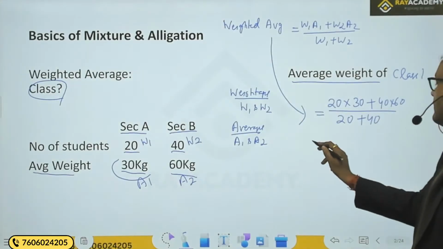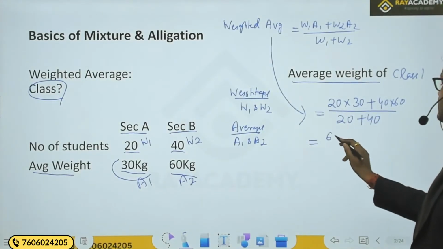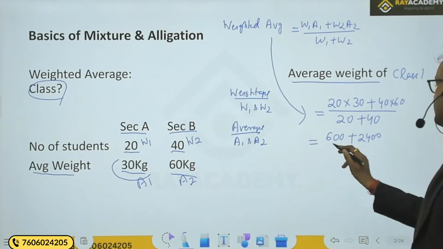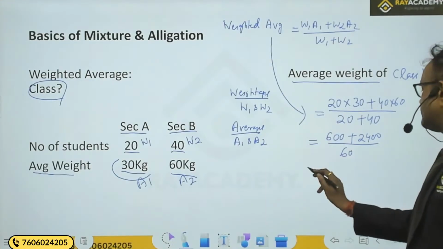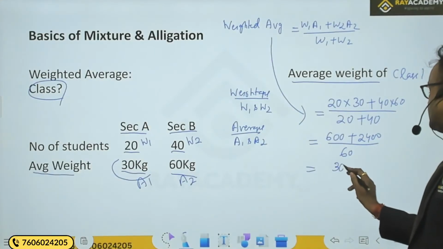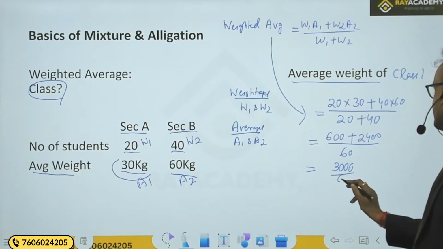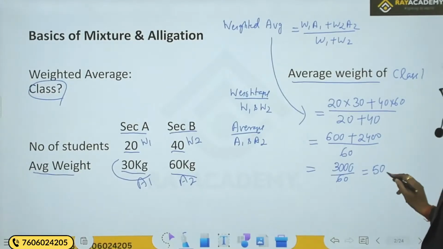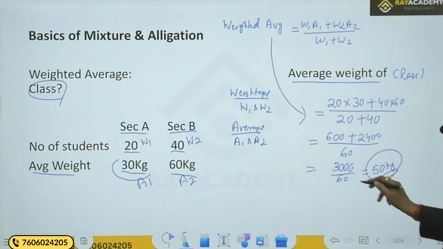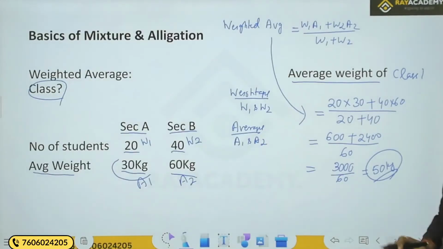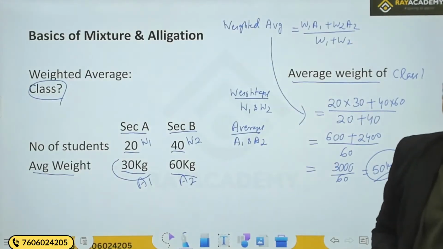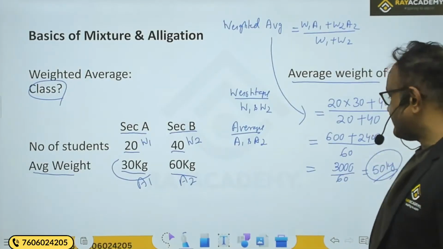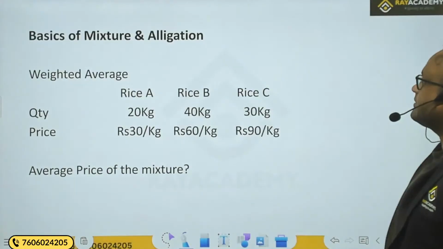So how much are you getting? 600 plus 2400, divided by 60. That is 3000 divided by 60, so that is 50 kg. The average weight of the whole of section A and section B is 50 kg. This is a simple way of calculating weighted average. Hope you are understanding this. It is a simple concept, nothing complicated.